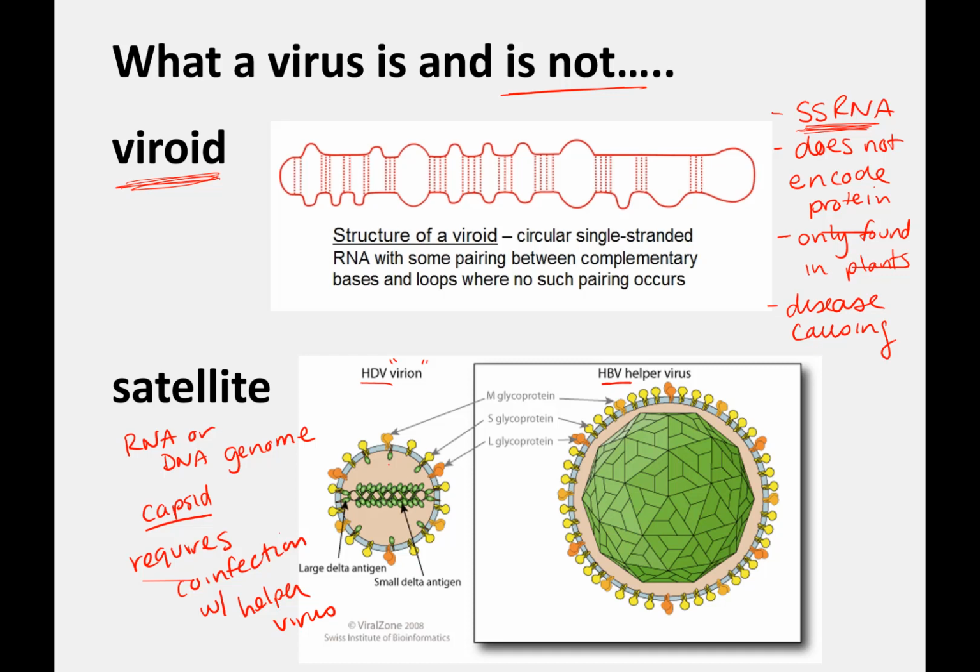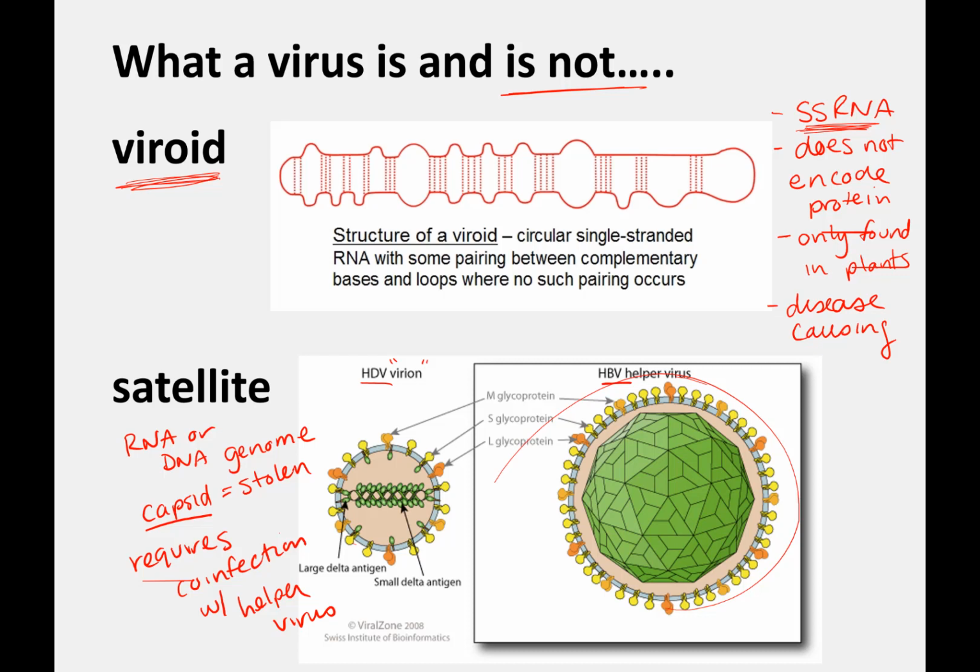And it actually steals the capsid from hepatitis B. So hepatitis B has the genetic information to help hepatitis D replicate.